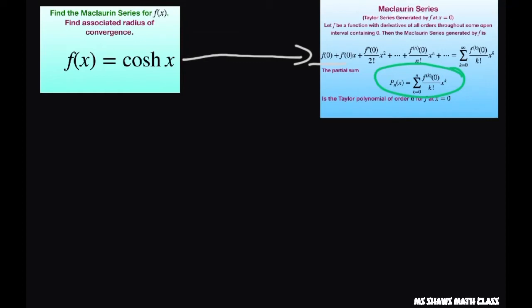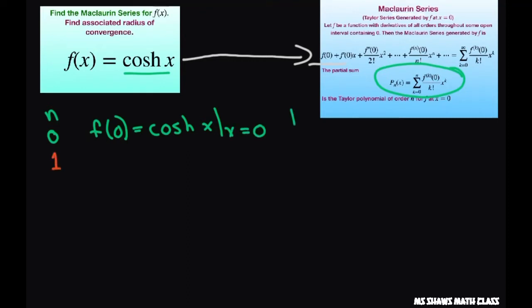For this one, the derivatives are very easy. So let's start with n equals 0. That's just hyperbolic cosine of x. Let's write this like this: f of 0 equals hyperbolic cosine of x evaluated at x equals 0, and that equals 1.